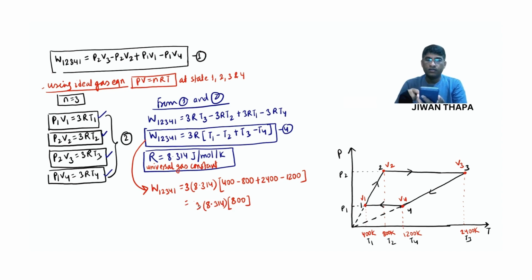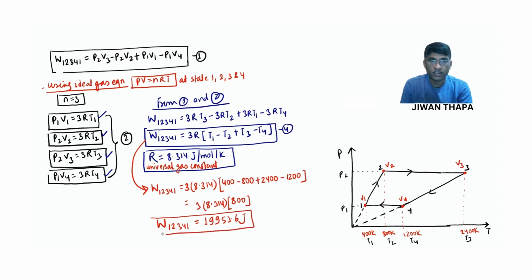So total work done during the whole cycle is 19953.6 joule. Clear?